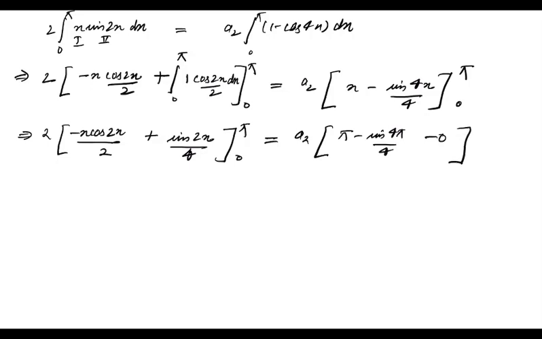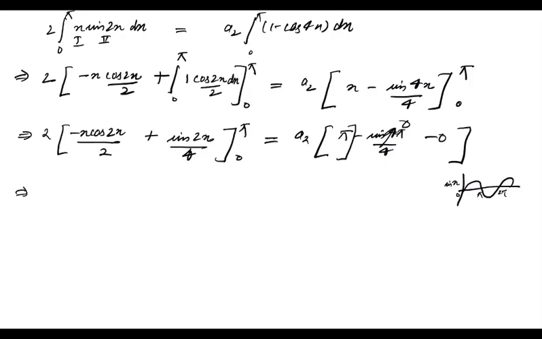And we know that sine of 4 pi will turn out to be 0, since sine is 0 at all integer multiples of pi, so this term is also 0. So you are left with only a2 pi.